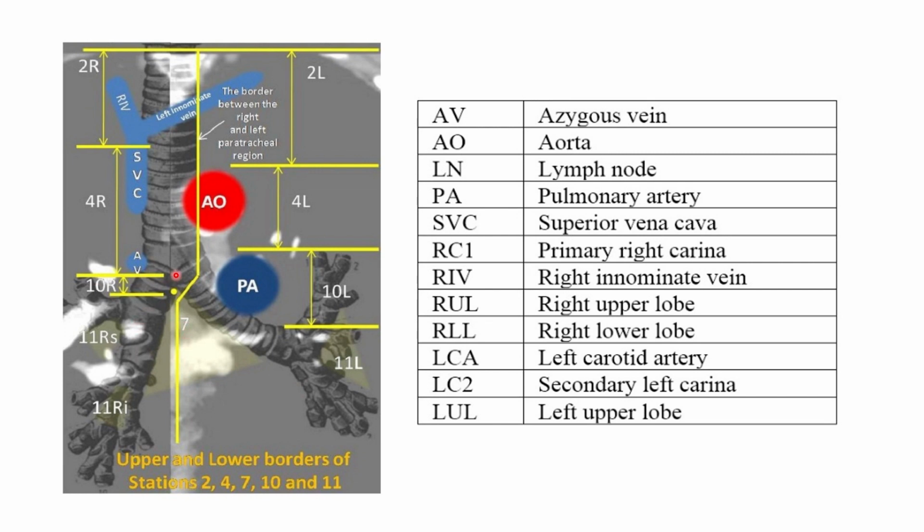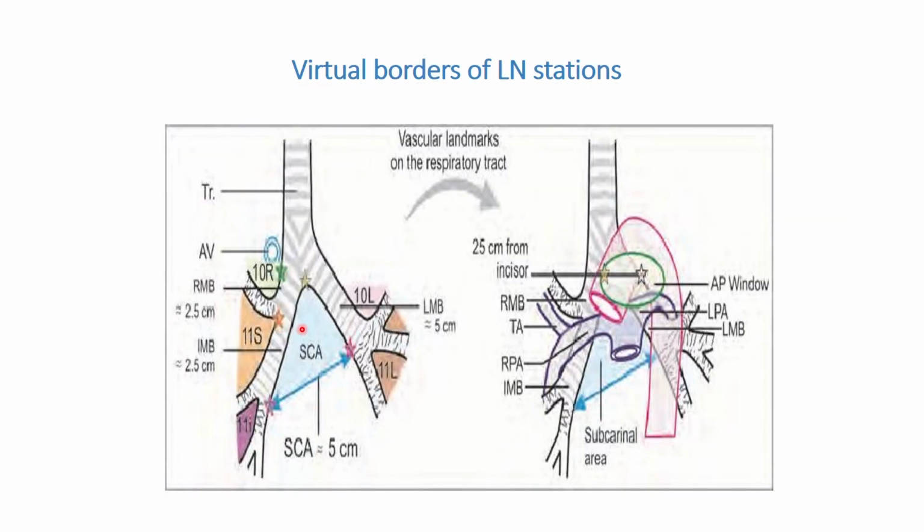The major landmarks that you need to keep in mind are the azygous vein, and these two structures, the aortic arch and the pulmonary artery. These are the major vessels that cross the bronchial tree at the level of carina.